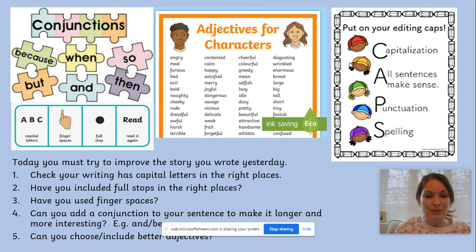I'm glad you remembered. Now, what you need to do is, with your pencil, or you can use a different coloured pencil crayon if that helps, go through your writing, maybe with your grown-up, and check, did I remember my full stops? Did I put them in the right place?